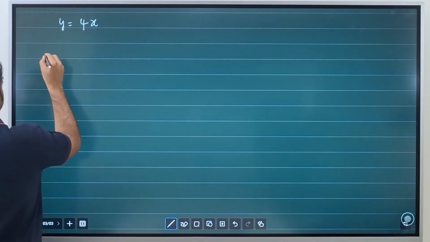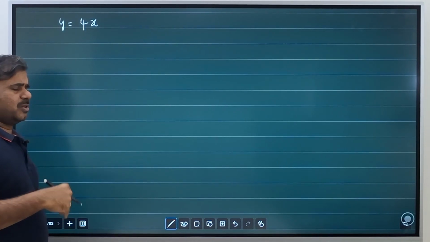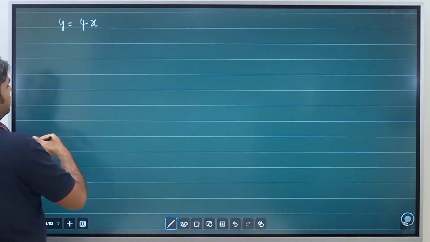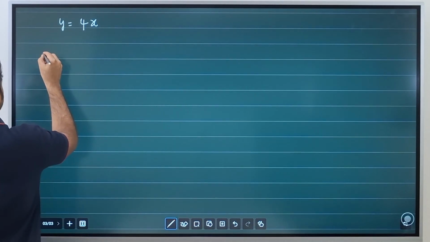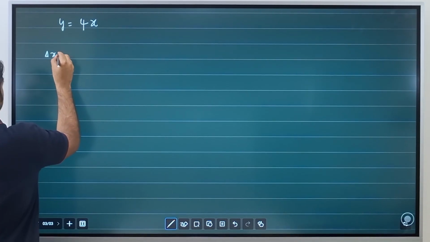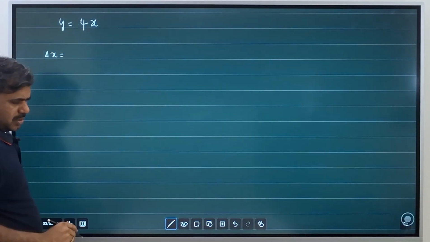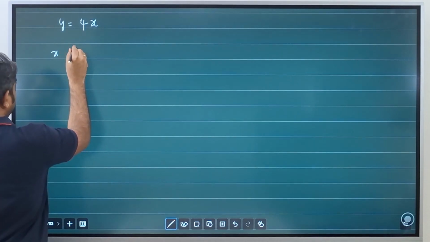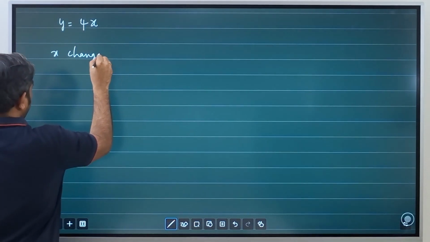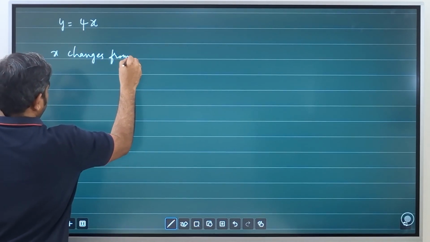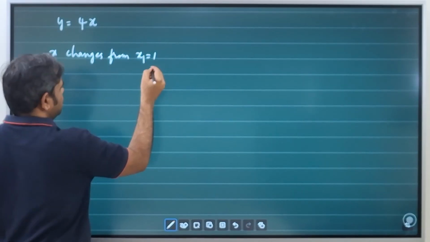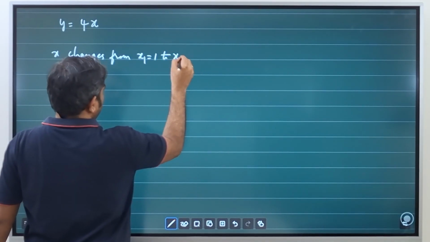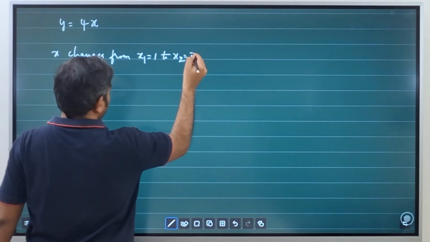Now, let's take the values of x changing, you can take any range of values. Let's say x changes from x1 is equal to 1 unit to x2 is equal to 3 units.